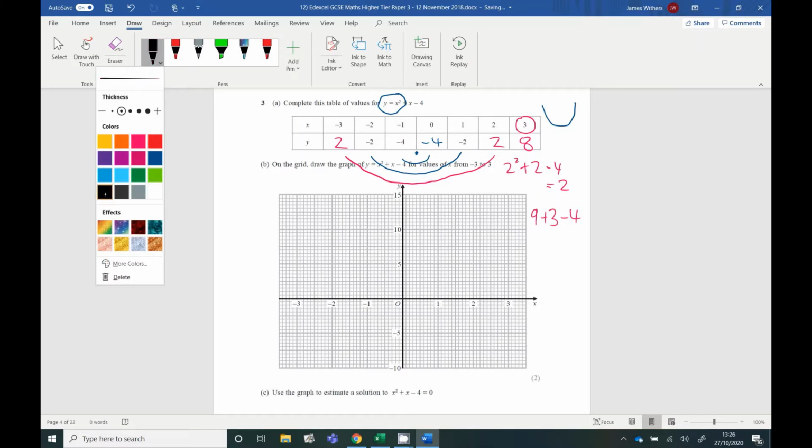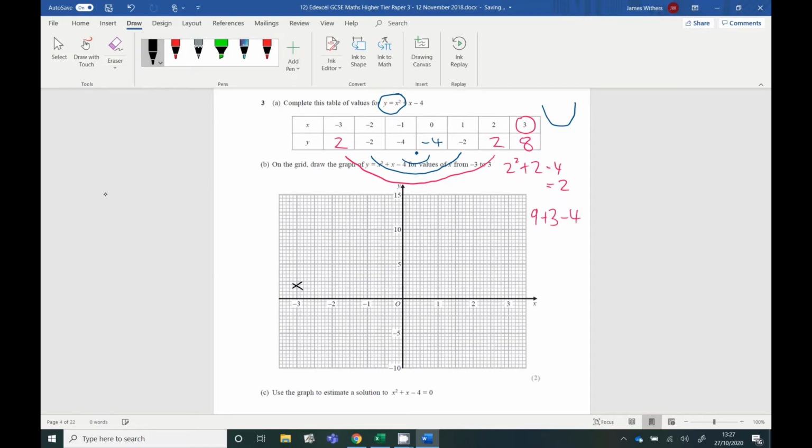So -3 plus 2, so -3 along the corridor. Now it looks like we're going up in little 2's, isn't it? 1, 2, yes, so be careful. So -3, but then plus 2 is 4 baby squares. And then -2 minus 2 is going to be going down 4 baby squares.